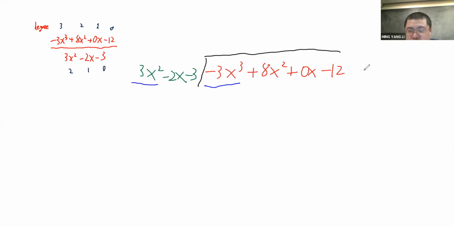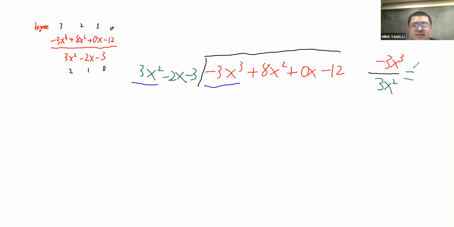The first part of the dividend is negative 3x cubed. It's divided by the leading term of the divisor, which is 3x squared.